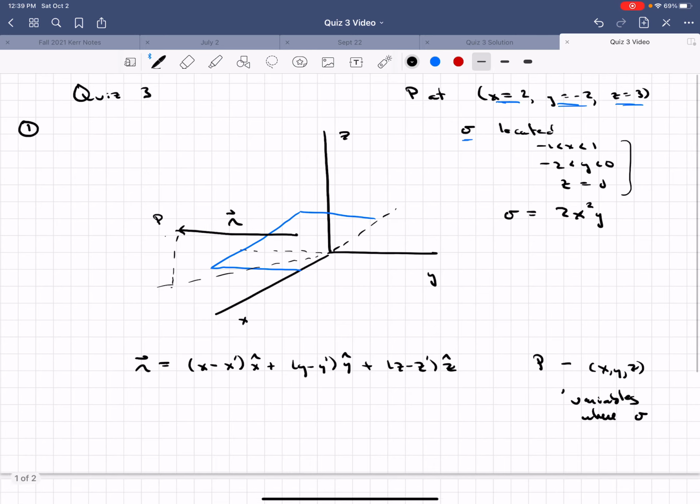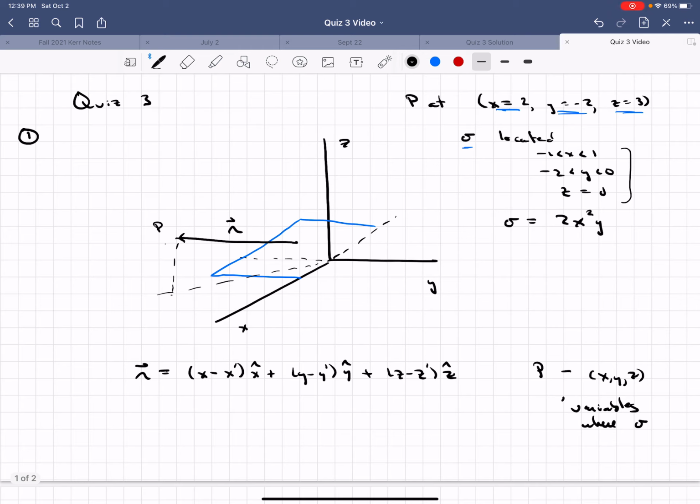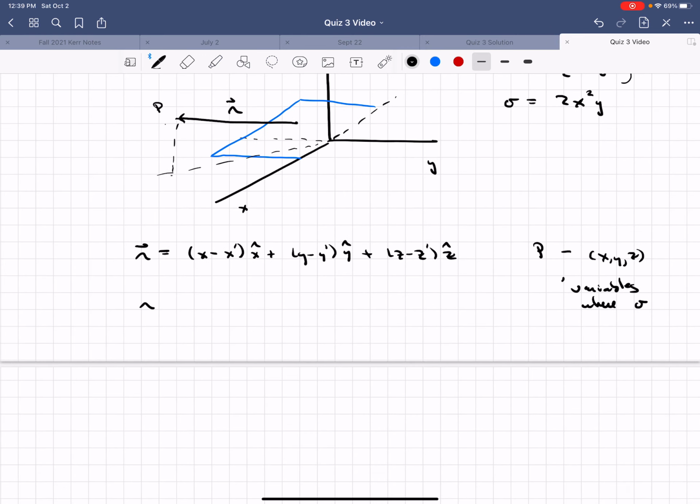So if I go ahead and put in my value for P, for P, x is equal to 2, y is equal to -2, and z is equal to 3, then this vector r is (2 minus x prime) x hat plus (-2 minus y prime) y hat plus 3 z hat, because z prime is equal to 0 here.